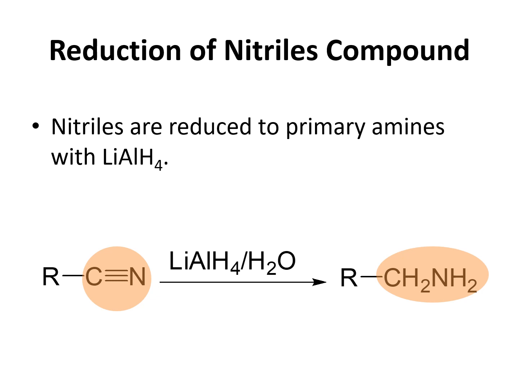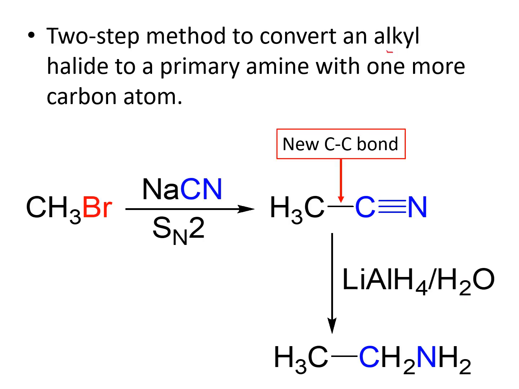Okay, look carefully. This is my favorite question, because I believe some past year questions contain this kind of question. For example, we are not going to ask directly from nitrile to amine. Usually we give you some sort of alkyl halide. For example, we give you methyl bromide, and from methyl bromide you can convert it to a nitrile group when you treat it with sodium cyanide by SN2.